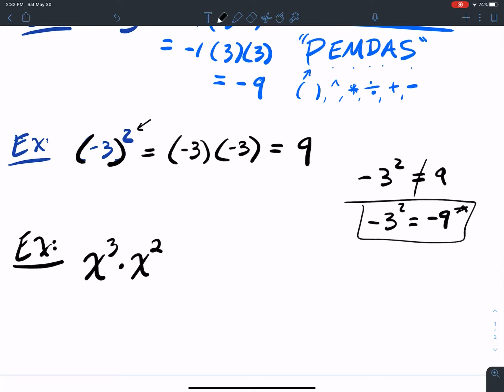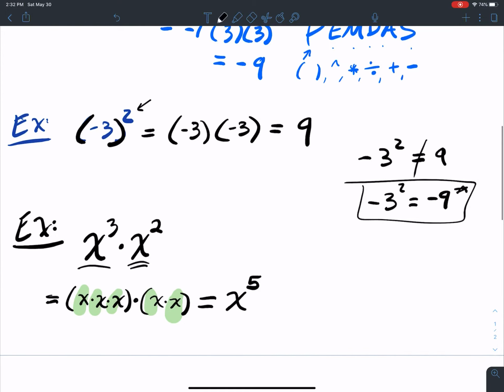What does that mean? x cubed tells me that I have 3 x's, so I have x, x, x. x squared tells me I have 2 x's, so I have x times x. Now, I've got 1, 2, 3, 4, 5 x's. Instead of writing out x, x, x, x, x, that's kind of boring, right? What we're going to do instead is write x to the, how many x's are there? 1, 2, 3, 4, 5. x to the 5th.